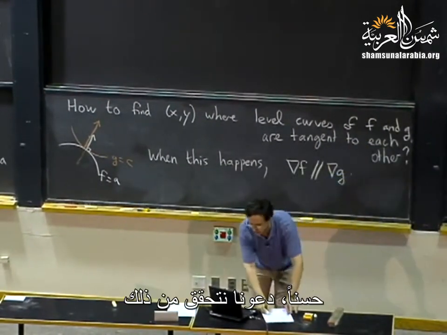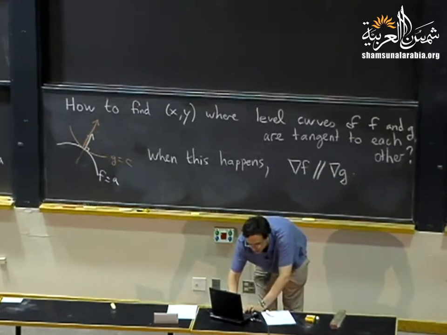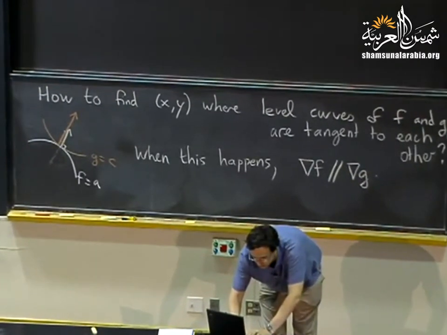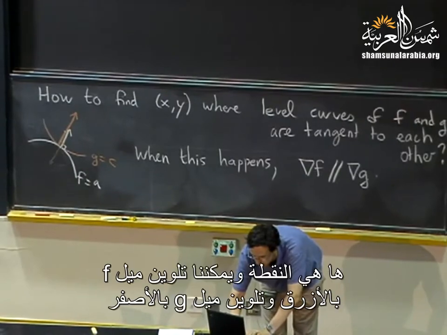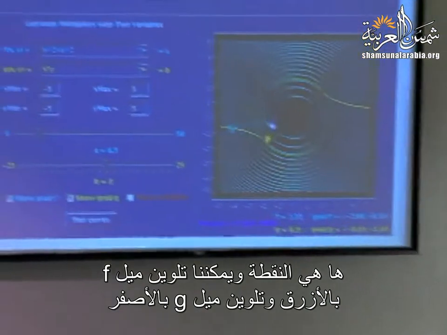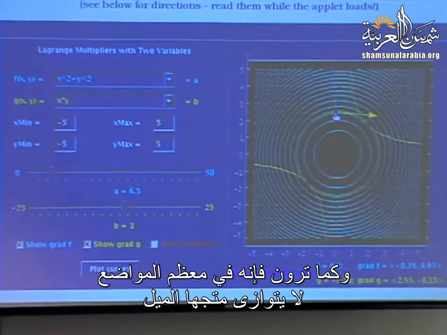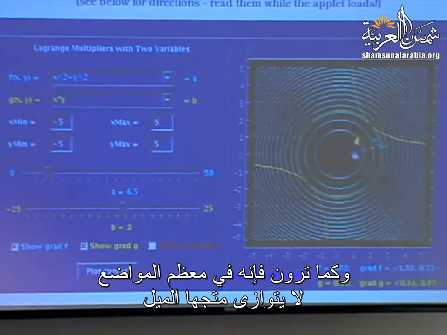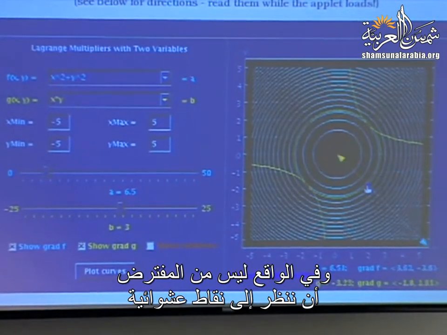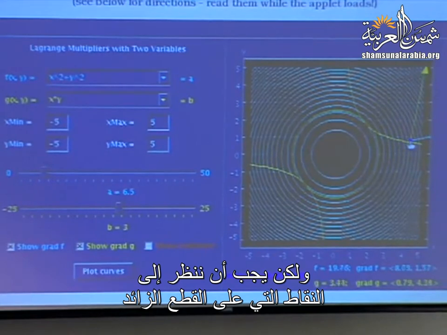Well, let's check that. Okay, so here's a point, and I can plot the gradient of f in blue, the gradient of g in yellow. And you see in most of these places, somehow the two gradients are not really parallel. Actually, I shouldn't be looking at random points. I should be looking only on the hyperbola, right?